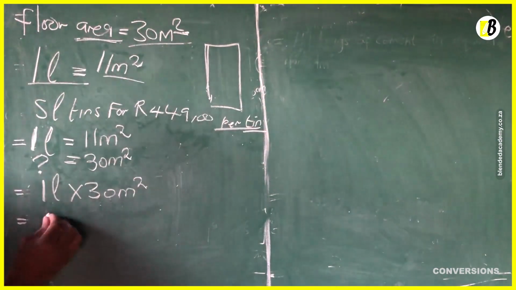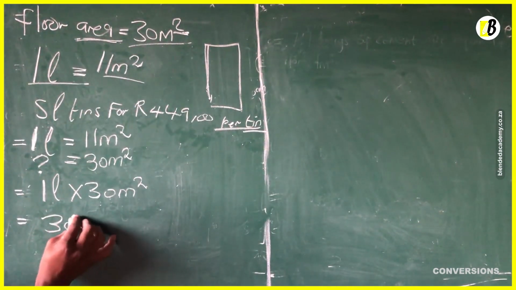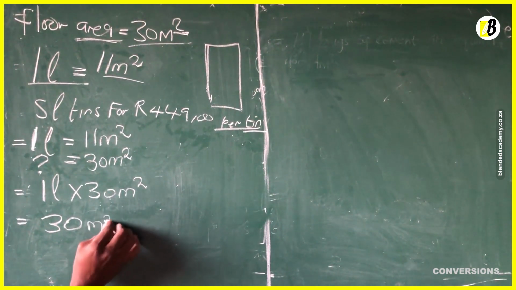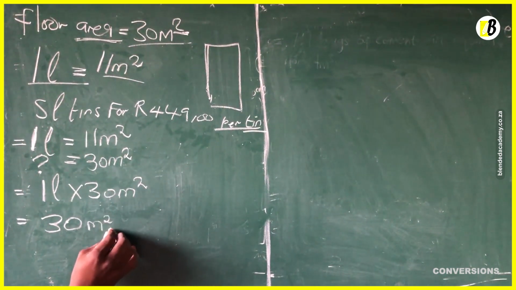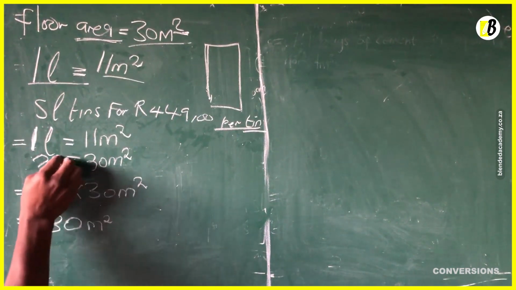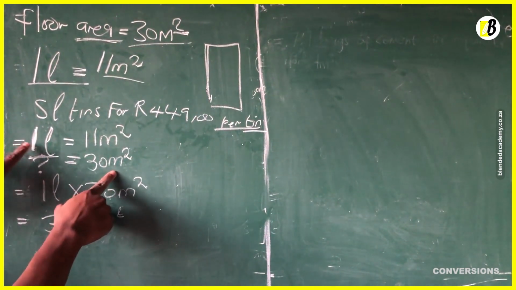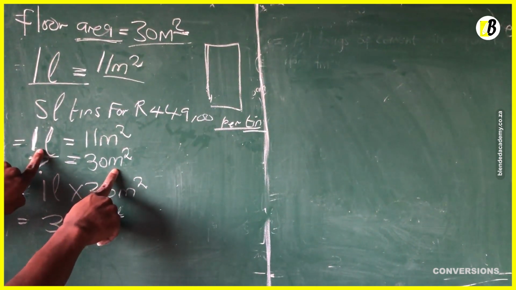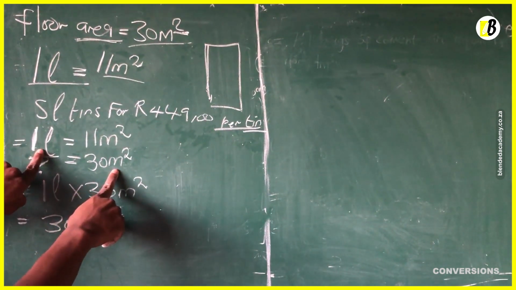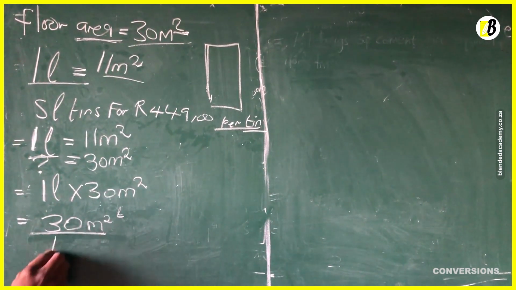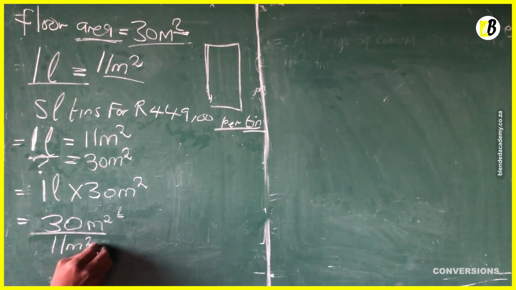So it's going to be 30 meters squared, of which it also carries a liter, because we are working with these two measurement units, so they carry the whole value with us. So we're going to divide this one with 11 meters squared.